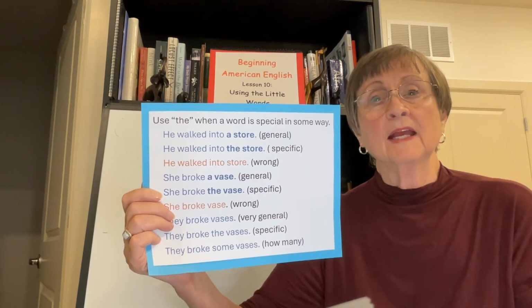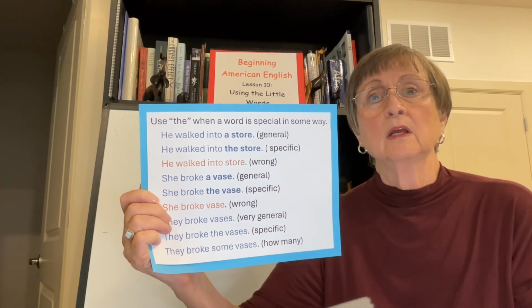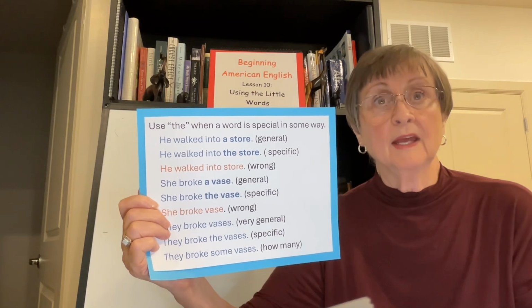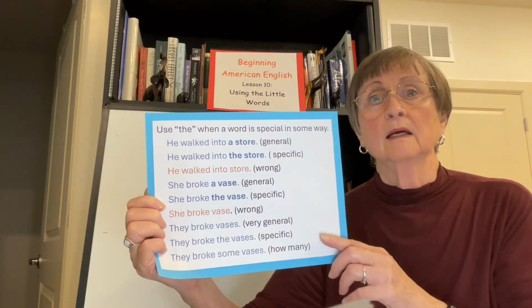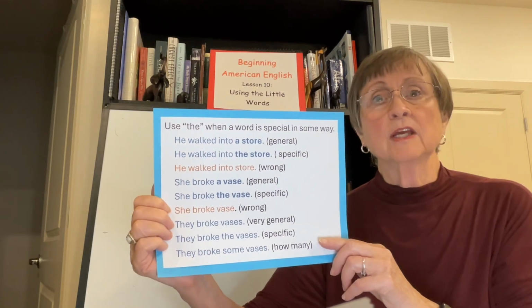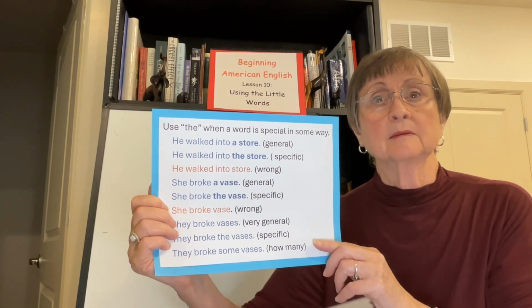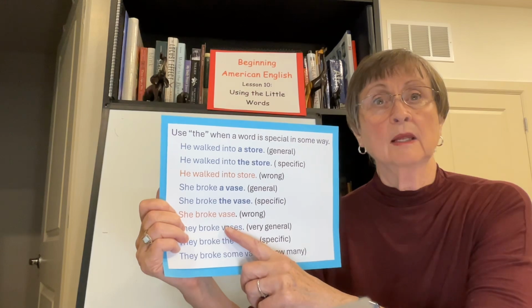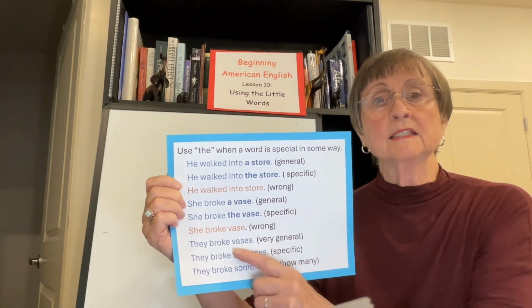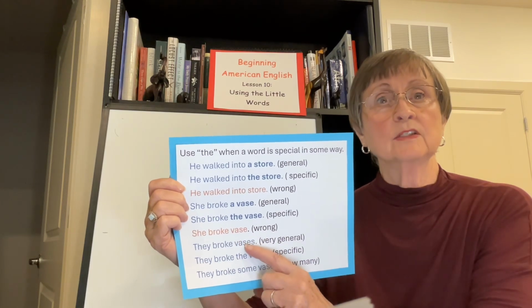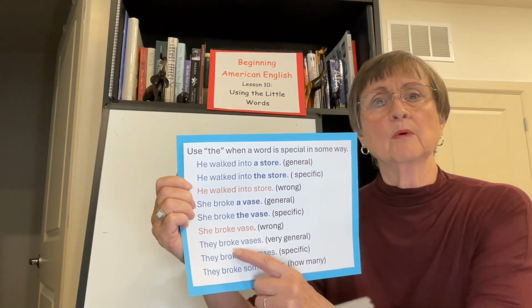She broke a vase, general. She broke the vase. I know which one it was and I'm looking at it. But I cannot say she broke vase because that's a singular noun. It needs something. They broke vases. There's more than one vase, so it's possible just to say they broke vases.